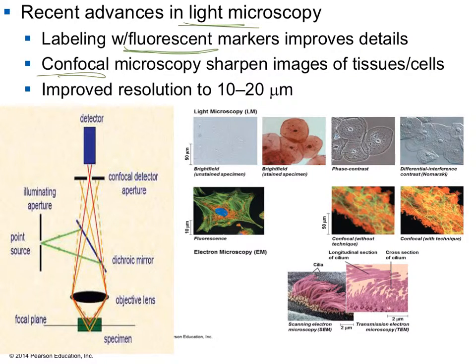Confocal microscopy sharpens the image of tissues and cells like that. So here we have different contrast ability, so we can see things a little bit differently and better. And also, we have improved resolution up to about 10 to 20 micrometers with these different techniques, with either the fluorescent or the confocal microscopy.